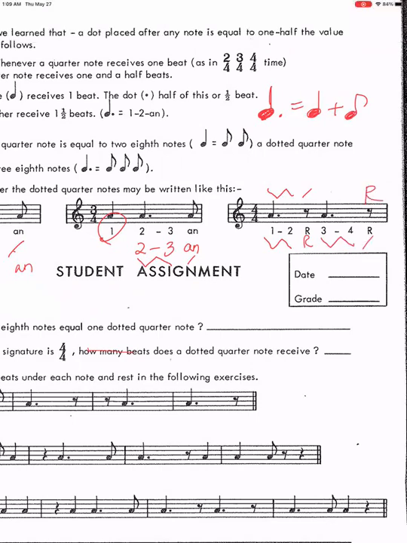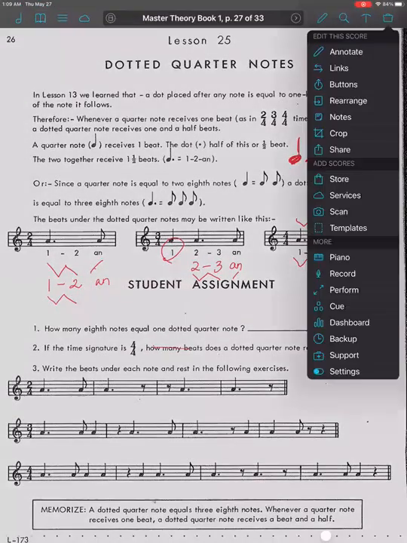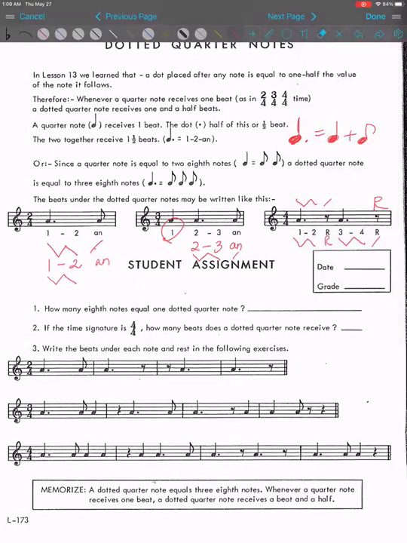So let's do some exercises. Number 1. How many eighth notes equal 1 dotted quarter note? An eighth note looks like this. A dotted quarter note is this plus this.